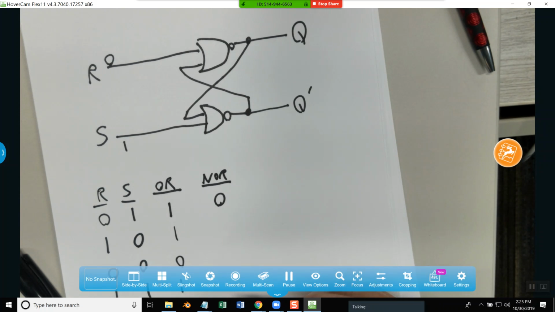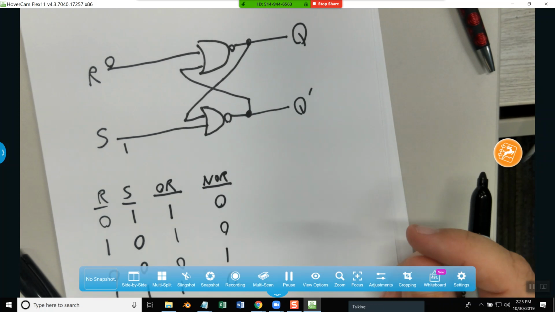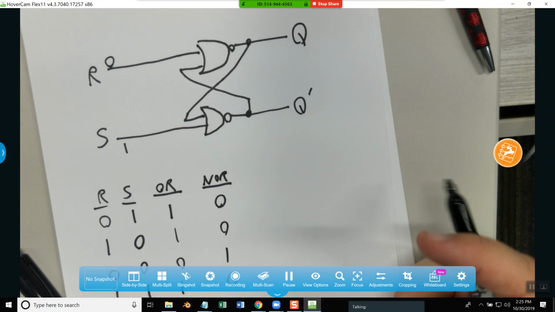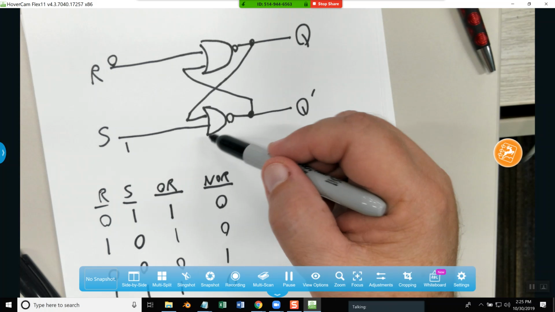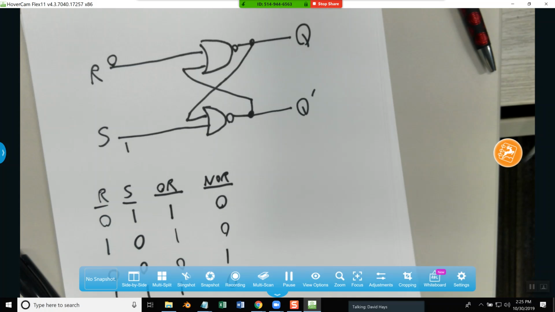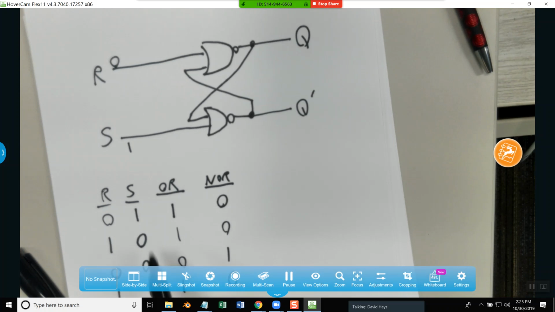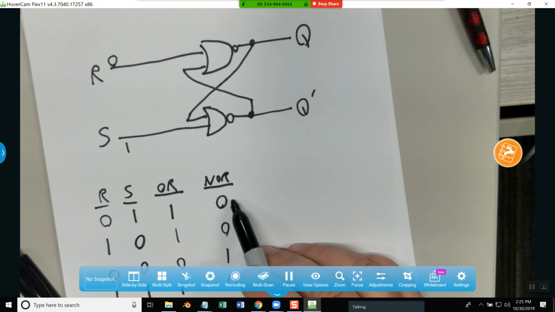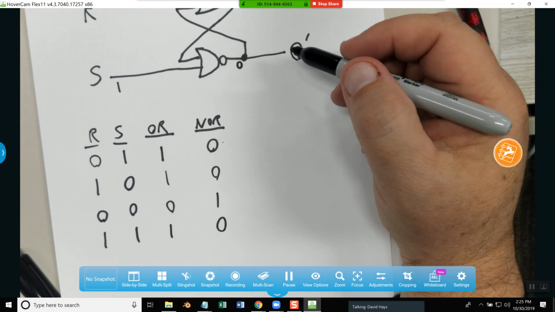Okay, so having the 1 come in here. Now, no matter what, if S is 1, that means our NOR is going to give us a 0. So that means a 0 is coming out of here, which explains why they have Q prime as 0 in the table. This is coming around here, so we then got a 0 coming in there.